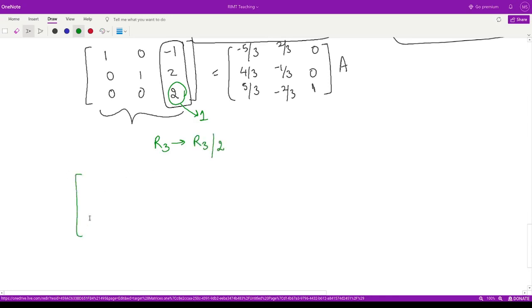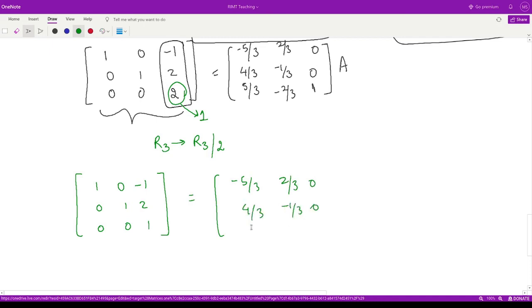When we do that, our first row would be as such, and the second row would be as such, and on the third row we just have to divide by 2. So we would have 0, 0 and 1, right? And on the right hand side also, first row as such, second row as such, and for the third row we have to divide by 2. So that would be 5 by 6, right? And then it would be minus 1 by 3, and then it would be 1 by 2 times A.